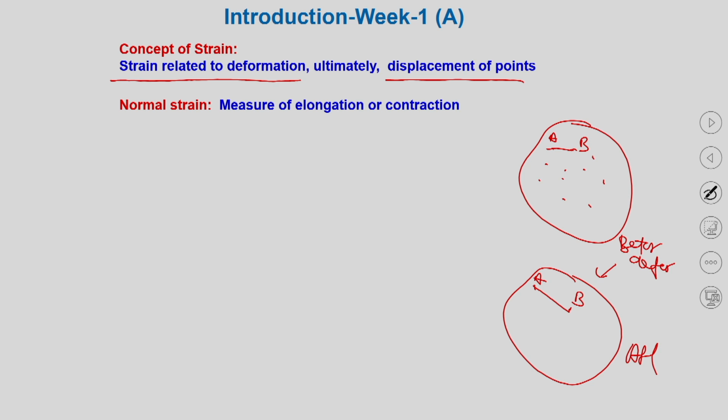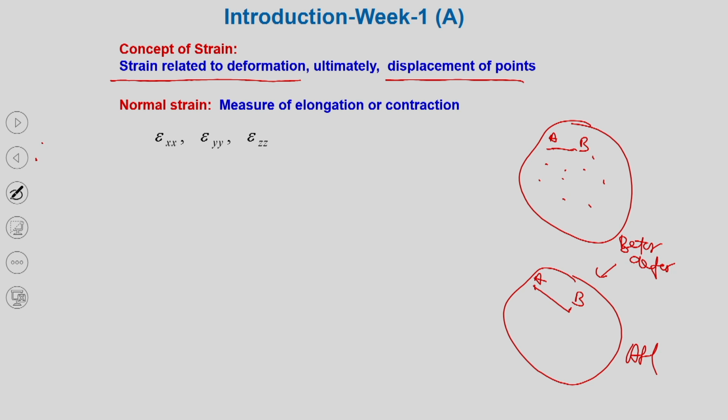Further, we can define the normal strain, which measures the elongation or contraction along x axis, y axis and z axis. Similarly, the first index tells you the plane and the second index tells you the direction. Similarly, you have normal stresses.